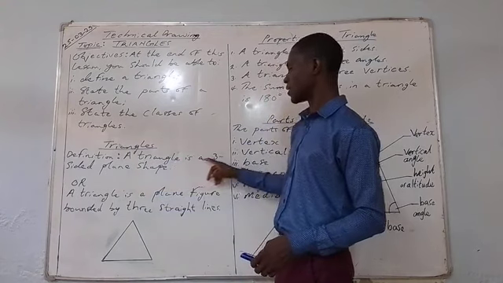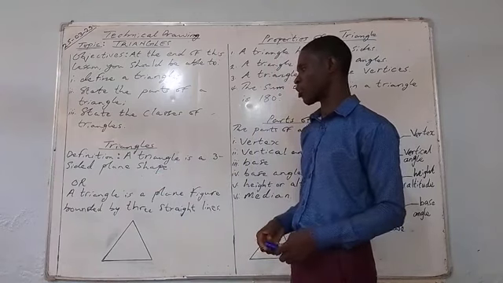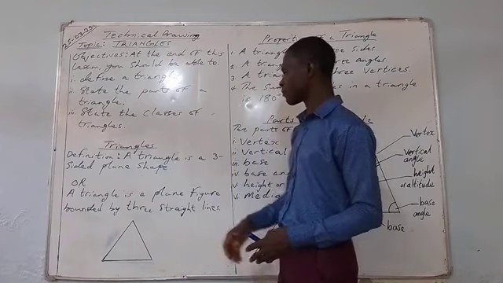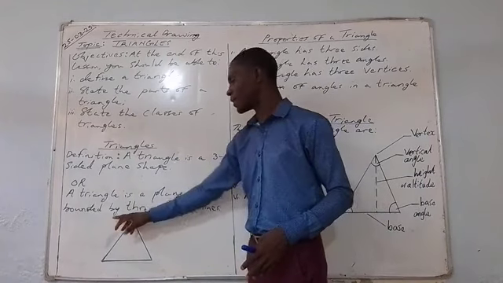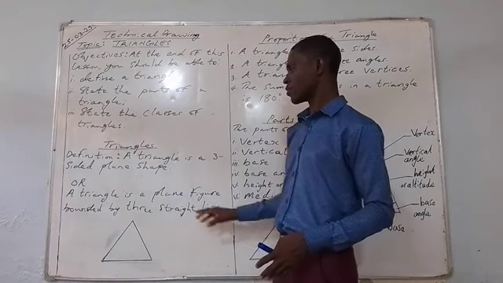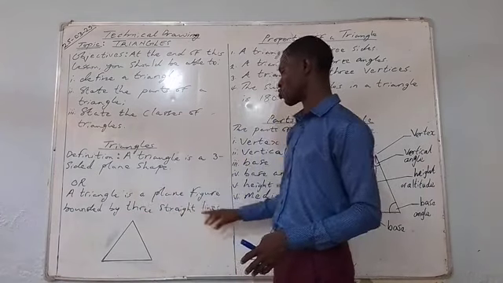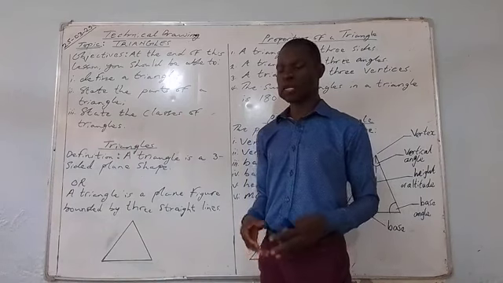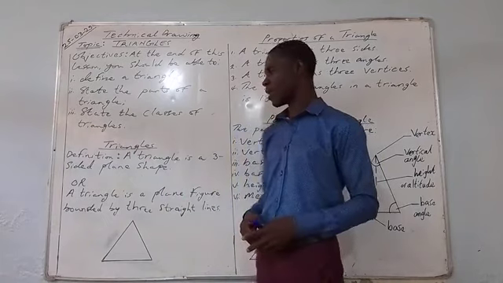That is simple enough for you to understand and state. Or we can say that a triangle is a plane figure bounded by three straight lines. That is another definition for a triangle. As I said, you can state anyone out of this, you will be right.